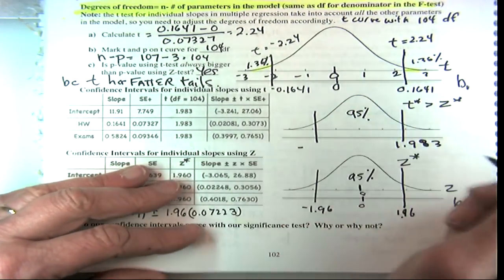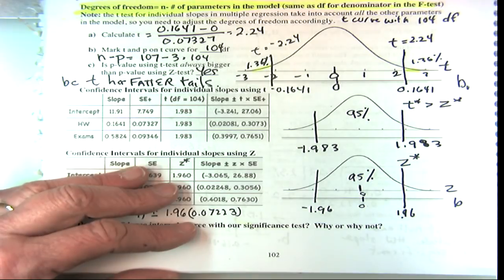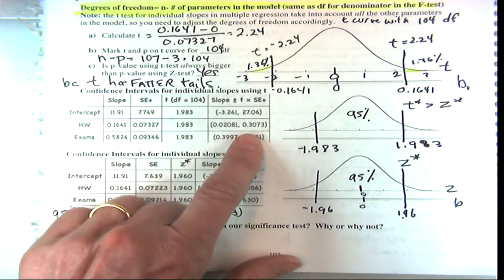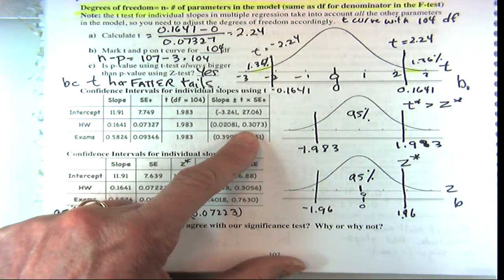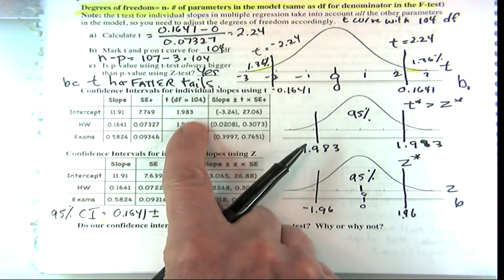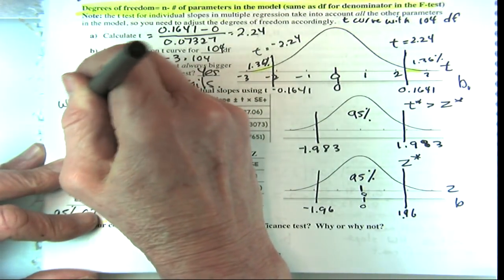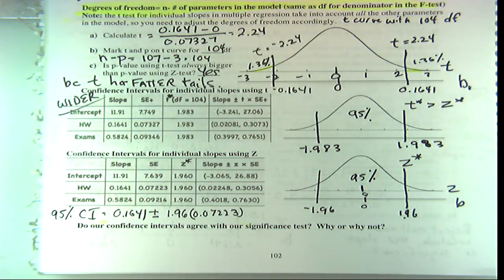And this is negative 1.983. And that's the idea. This is the critical value right here, that's t star. So that means these confidence intervals are going to be wider. More uncertainty with the t.